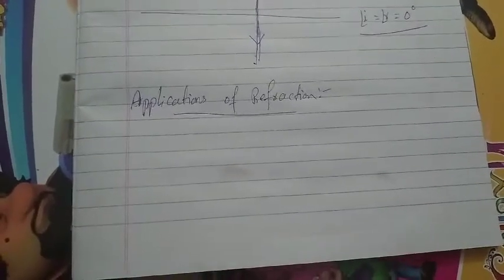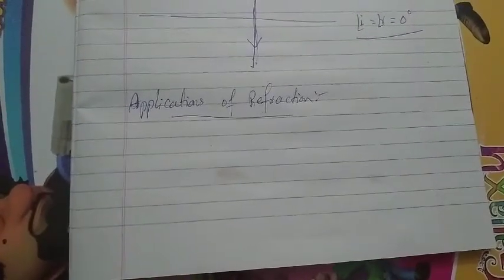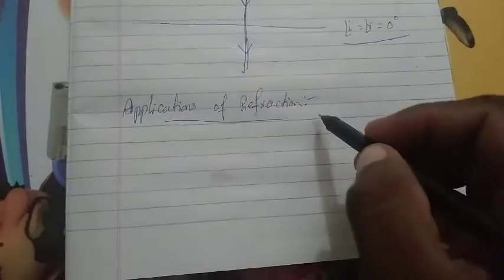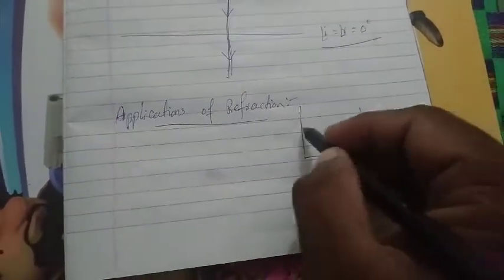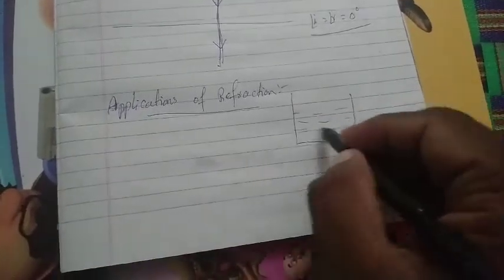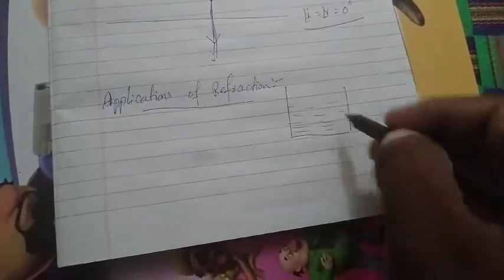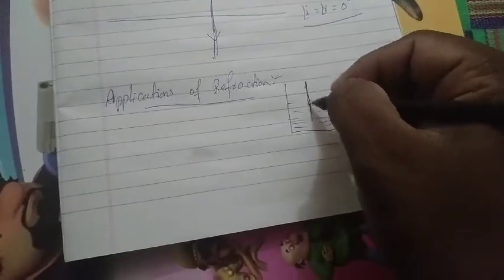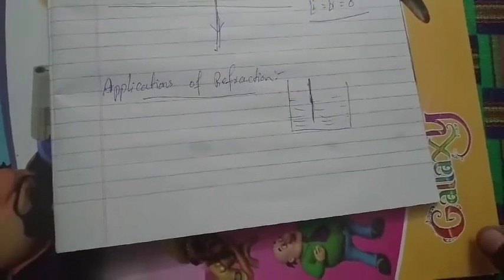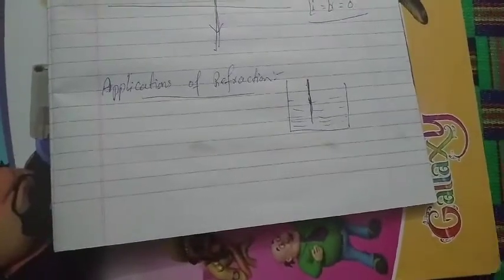For example, when we place a stick vertically straight into water which is present in a glass tub like that.